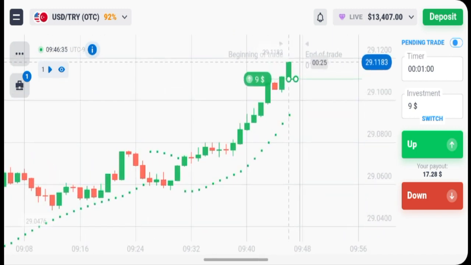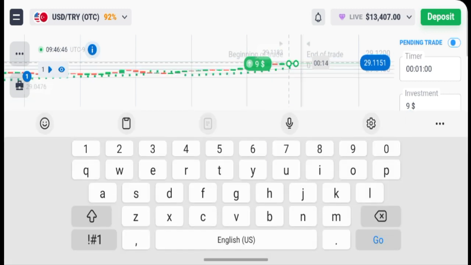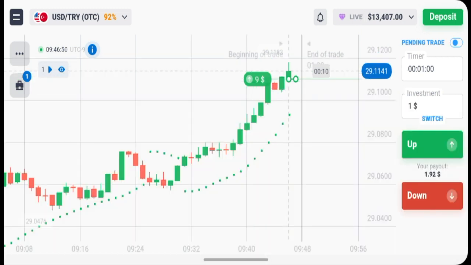So we're making profit on each and every win. Whenever we win, we cover up the previous losses and then we have a profit on top. So just concentrate. Most probably this trade is going to win, so we go back to $1 if it wins.